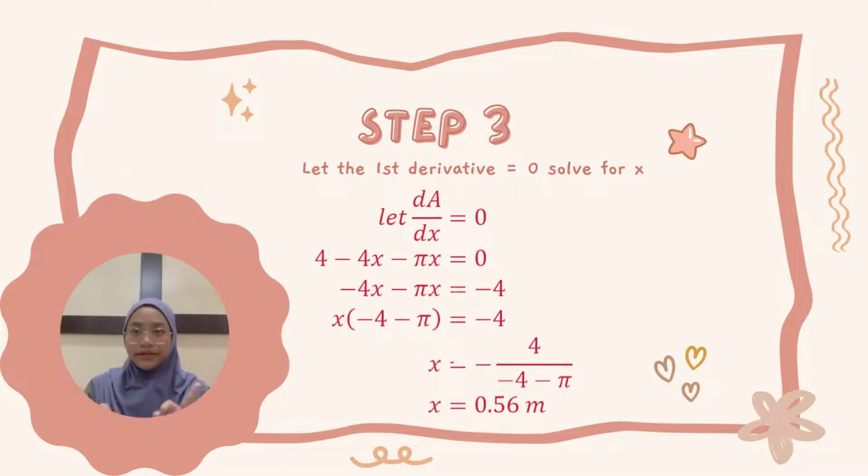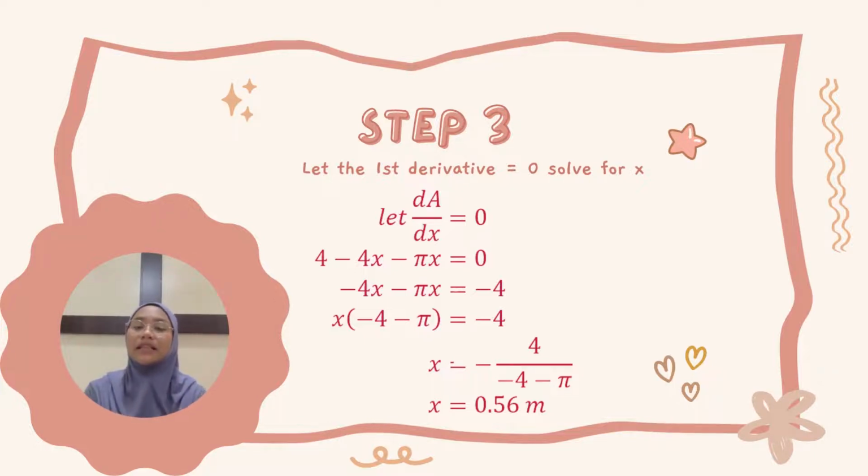For step 3, we need to let the first derivative equal to 0 to solve for x, which is let dA over dx equal to 0, which is 4 minus 4x minus pi x equals 0. And we bring the 4 to the other side.